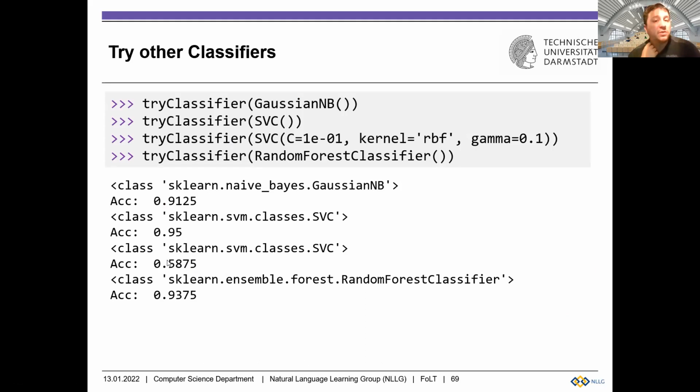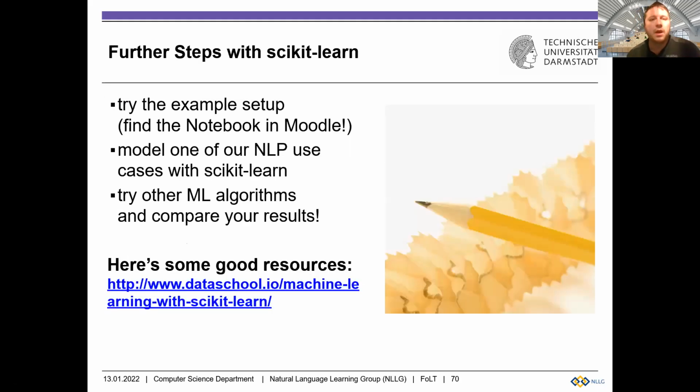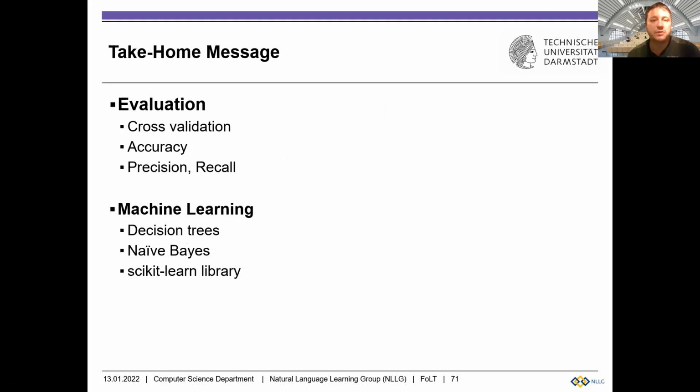So the tuning is important, right? The features and the hyperparameters. Good. Try around further with sklearn. That's certainly good, but also do the homework and learn Keras, which is even better than sklearn, at least if you want to use neural networks.